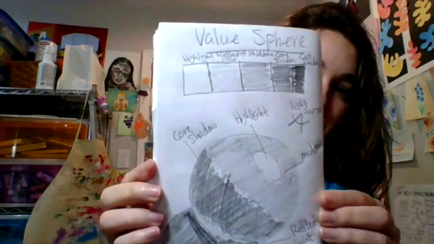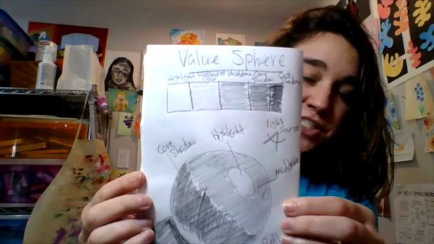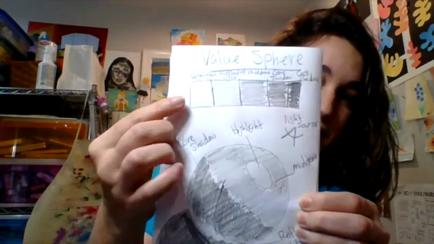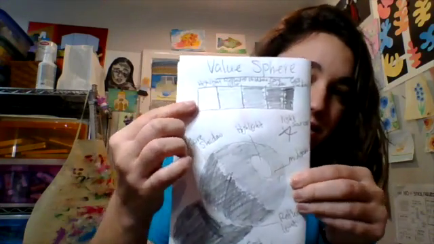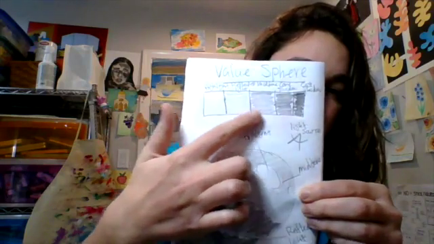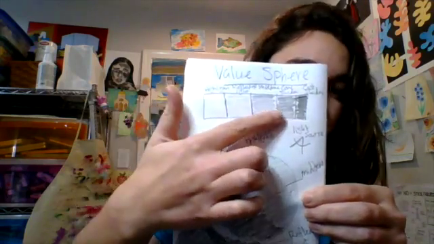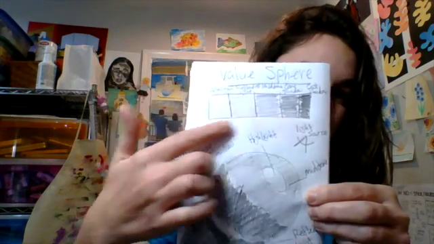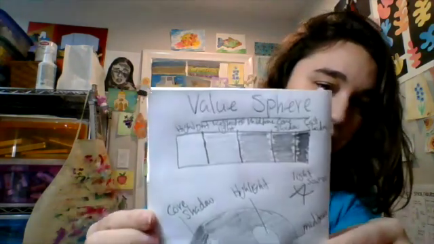Your second page is going to be your value sphere. All right, so we should have the title value sphere. I should see a rectangle up here that has the 5 different shades or different gradients of value of the sphere and labeled.